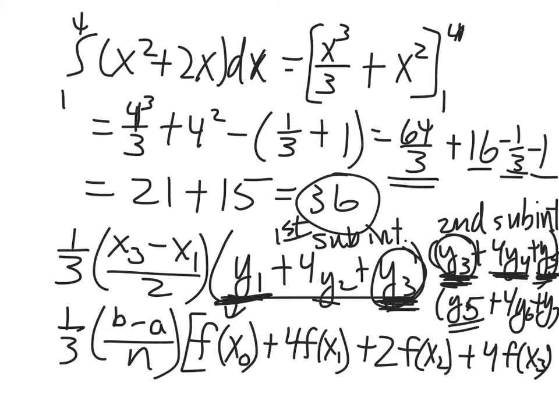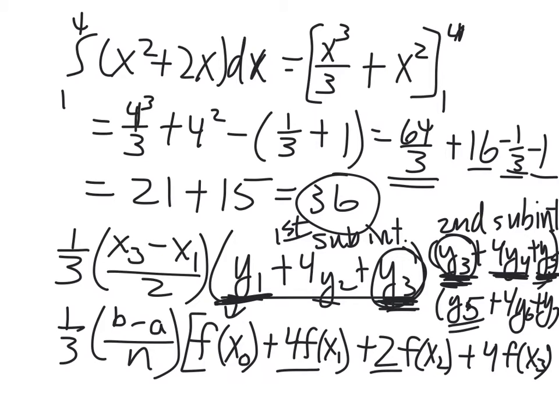And then finally, the very last parabola, x sub n, or b, is only going to show up once. It only gets counted once. So like the trapezoid rule, the first one and the last one only get counted once, and then the ones in the middle get either 2 or 4, depending on where they're at.